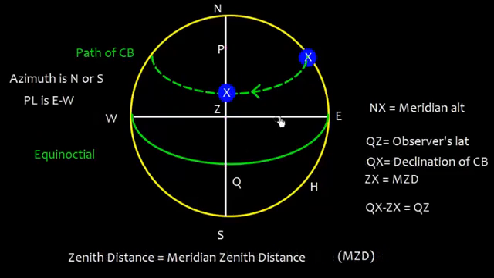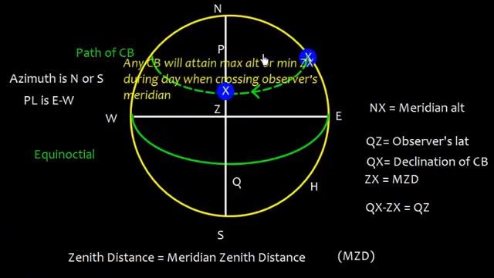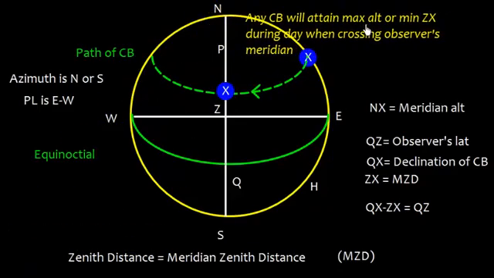So we can say that at times a body was here, that means the altitude was 0, and the body has to travel on the path of a declination. Declination is nothing but the equivalent of latitude on the celestial sphere. So as the body is here, we can say that the body will attain maximum altitude.